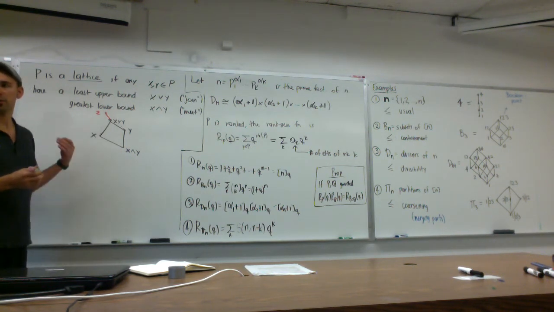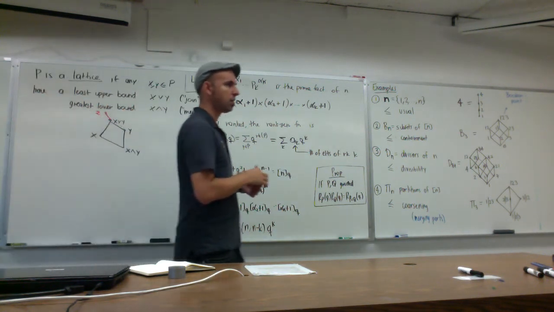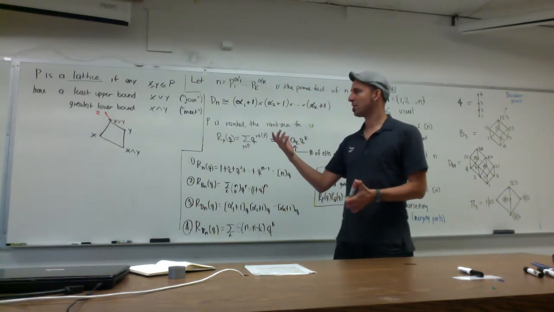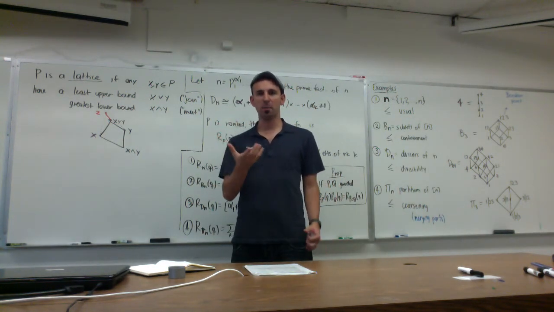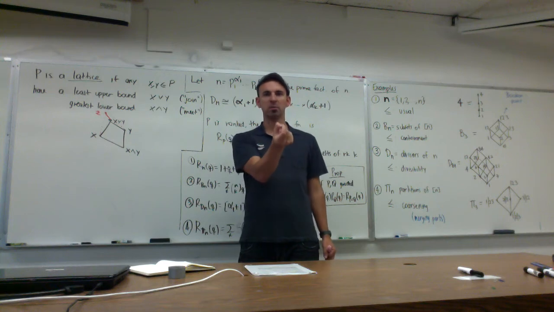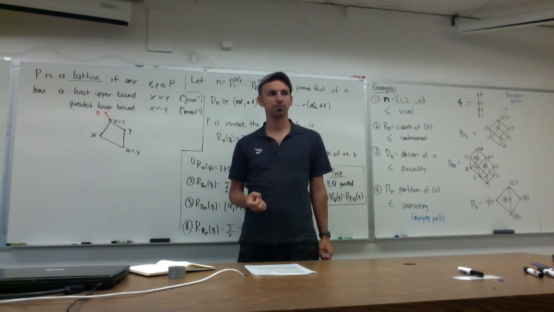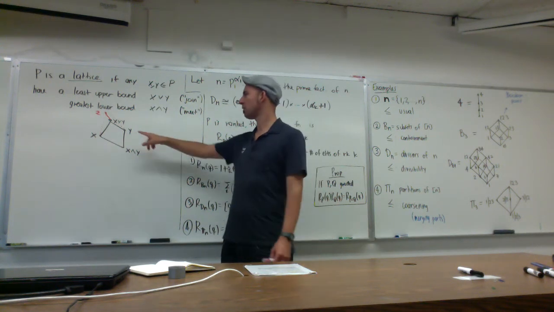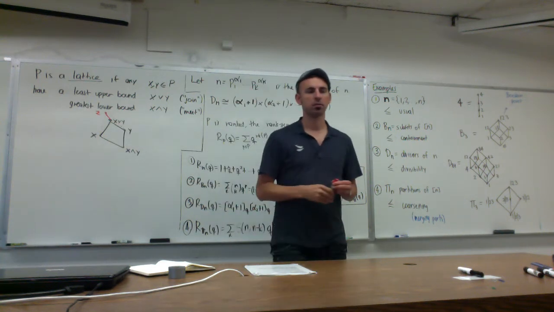Okay, and similarly on the other side. So another way of saying it is that the upper bounds of x and y have a minimum element, and that minimum element is this guy. Just a join.